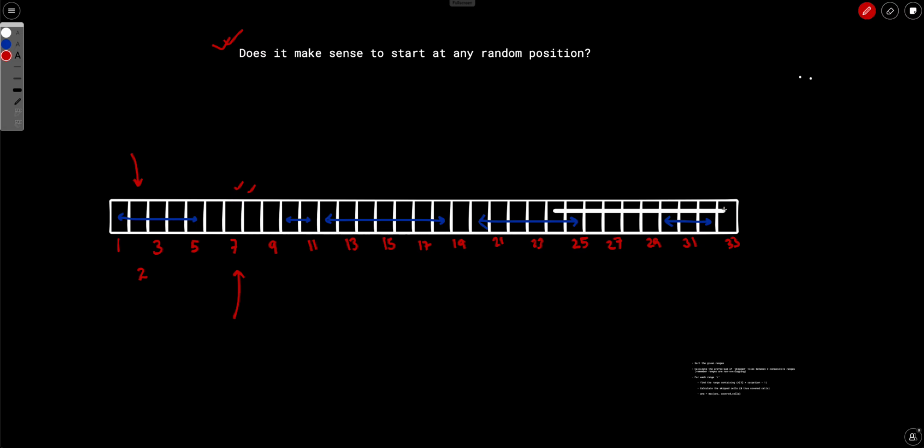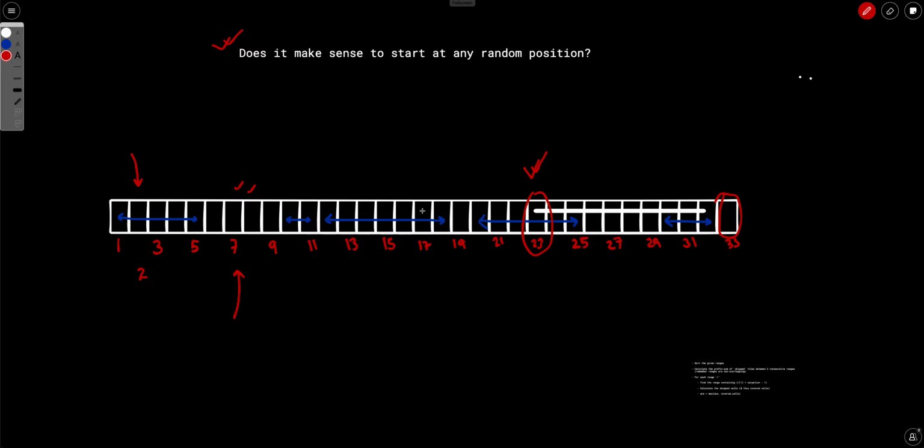But if you shift it by one position, and you know that this position certainly has a tile, then you will end up with something better, or at least as good as the previous one.